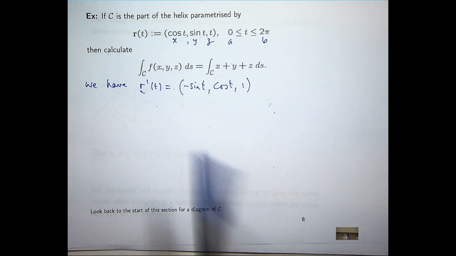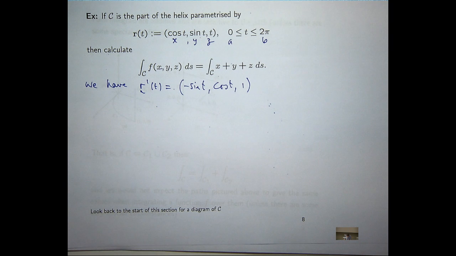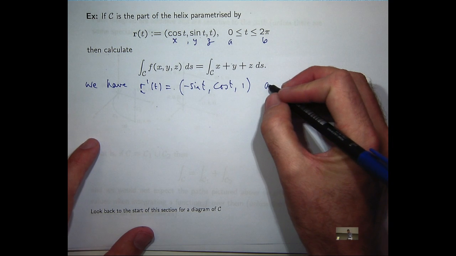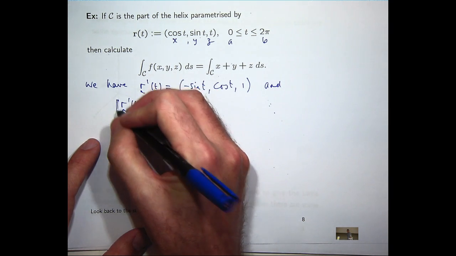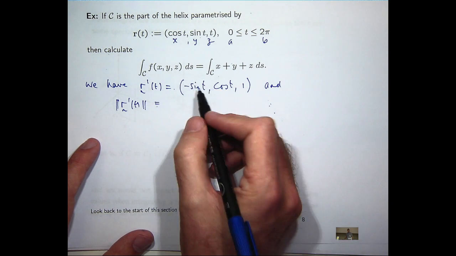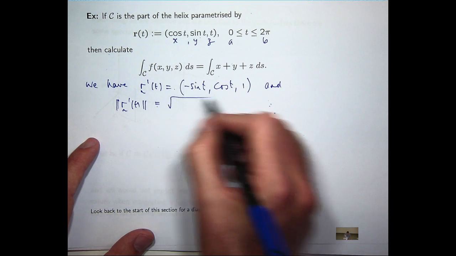Now, of course, that derivative is never the zero vector, so it's smooth and it's continuous. It's a smooth parameterization. So let's look at the length or the magnitude of this tangent vector. We square each of the components, add them together and take the square root.